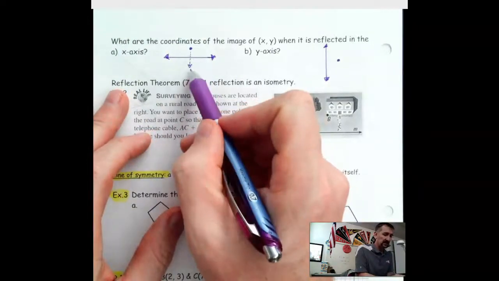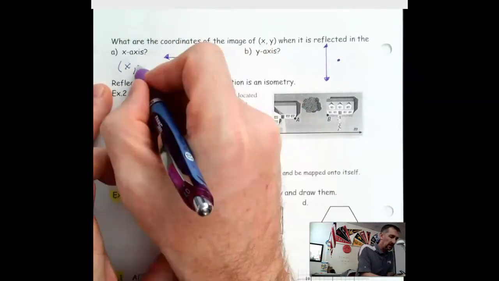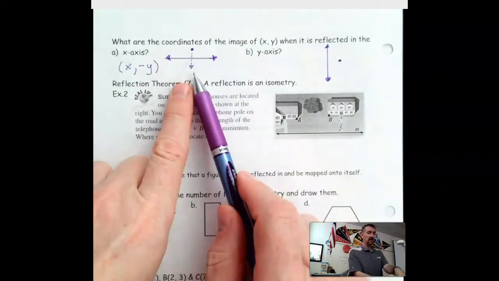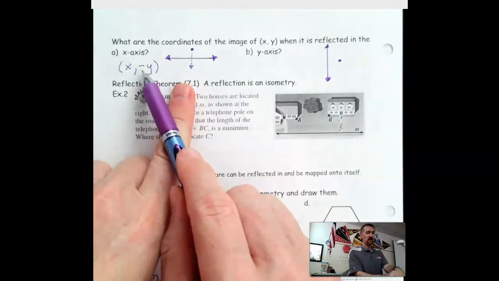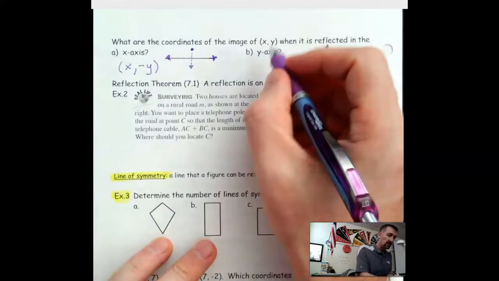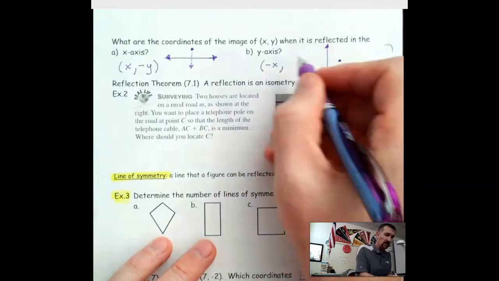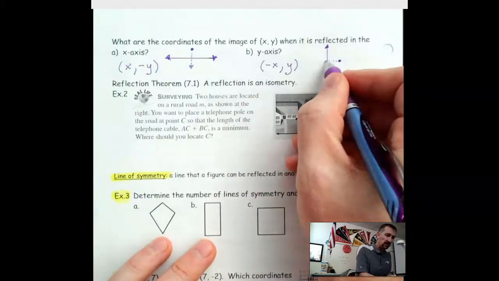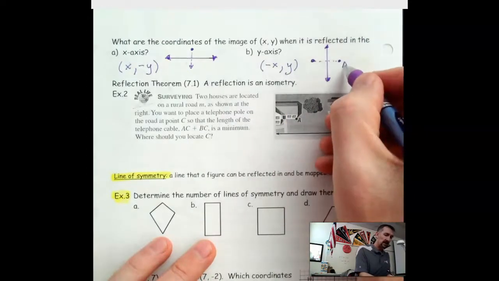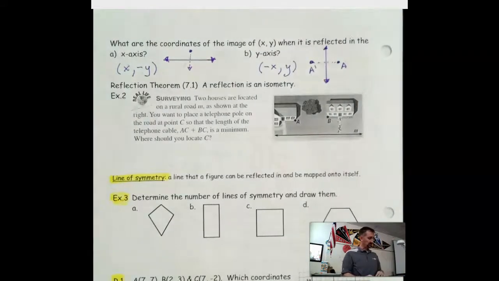Well, the x-coordinate stays the same and the y-coordinate becomes the opposite. And that would be either way. So if we were down here and we went up there, it would be negative down here, so the opposite of negative would be positive. And over the y-axis, the x-coordinate is going to become the opposite and the y-coordinate would stay the same. I probably should have paused and let you think about that, but that's A and that's A prime.